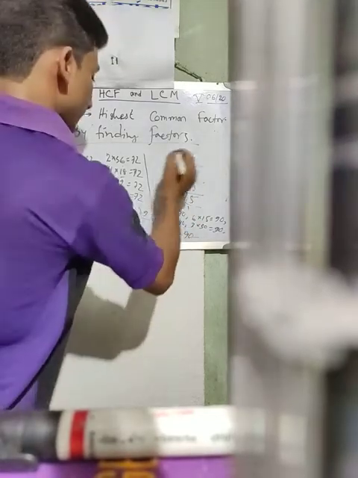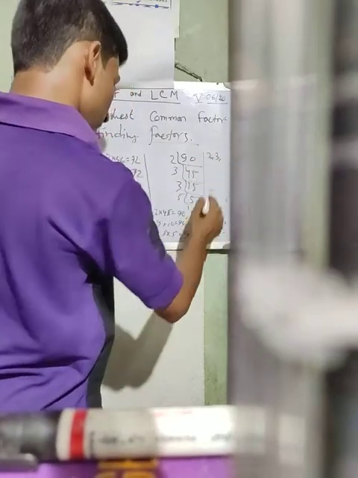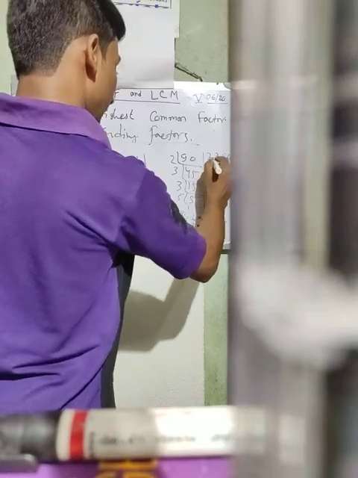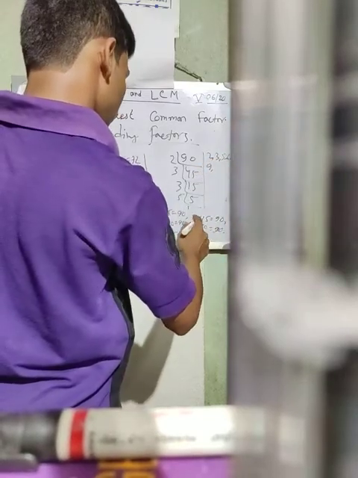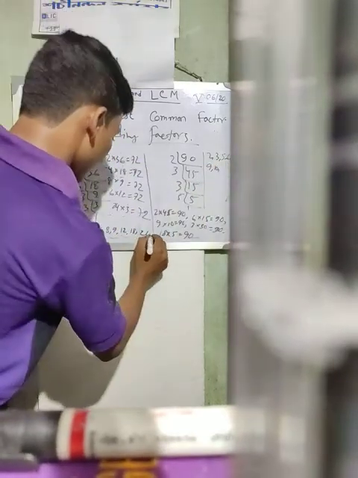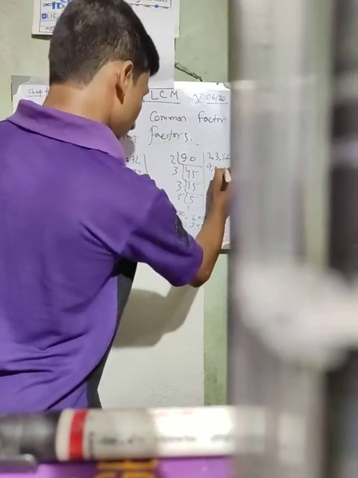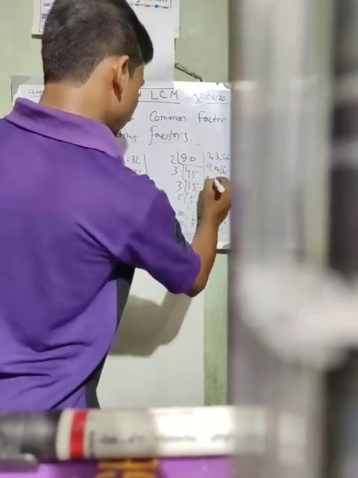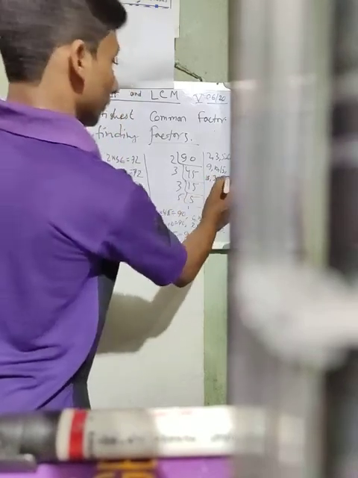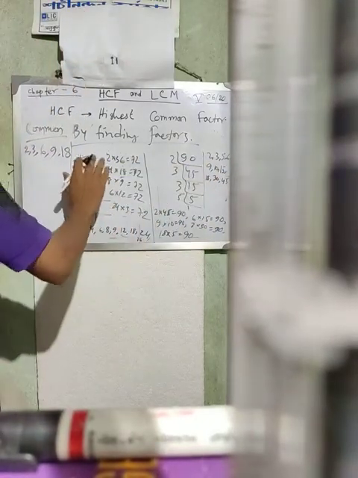And similarly for 90, what are the factors? 2, 3, 5, 6, 9, 10, 15, 18, 30, 45. So these are the factors of 90 and these are the factors of 72.